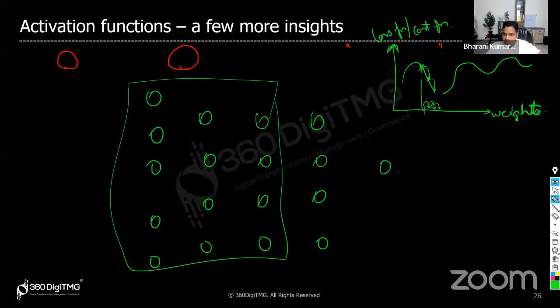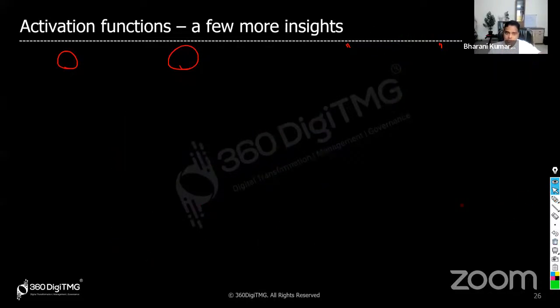Again, your weights are updated to minimize your loss. And then you get to the minima. But if you use linear activation functions in your hidden layer, your network collapses and probably your training will stop here. Your training will not proceed further. That's the problem with respect to linear functions.